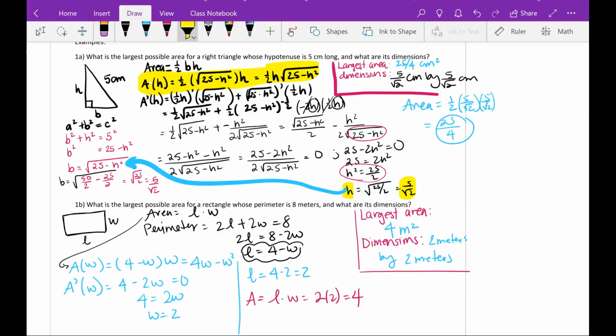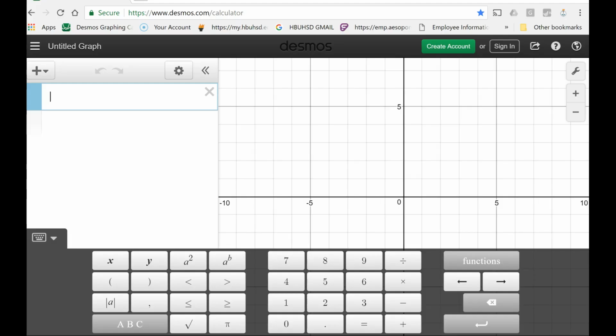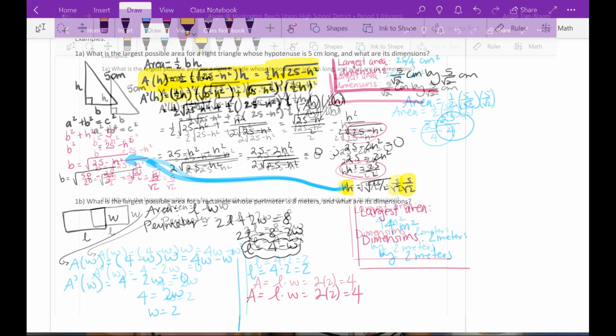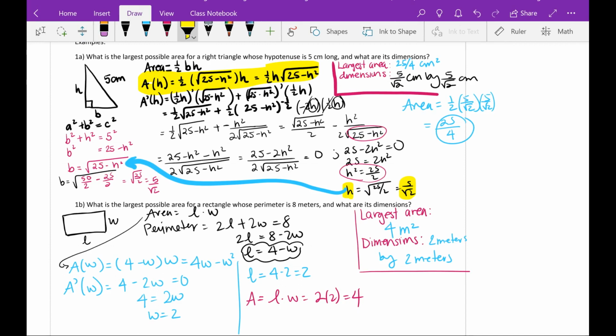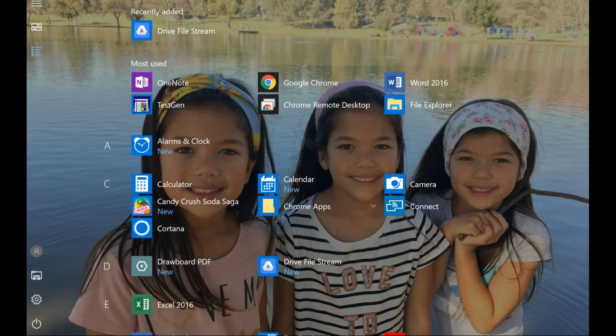So let's go to Desmos really quickly. In Desmos, I'm going to attempt to graph out one half h times the square root of 25 minus h squared. So again, one half h. Let's graph this out.